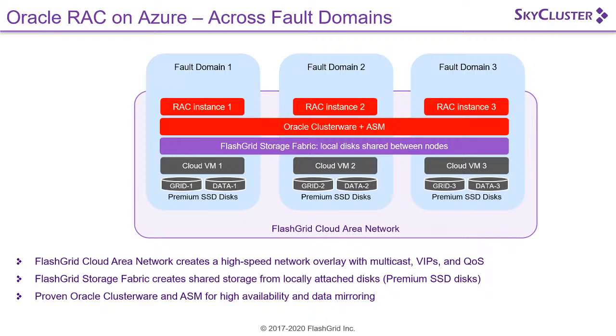So the chances of failure of more than one fault domain at the same time are fairly low. We can support both of these architectures, depending on which region you're planning to use, or in case you prefer to use fault domains versus availability zones, and in some cases there might be benefits due to somewhat lower latencies.